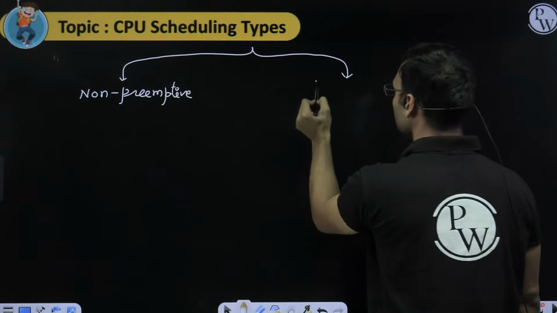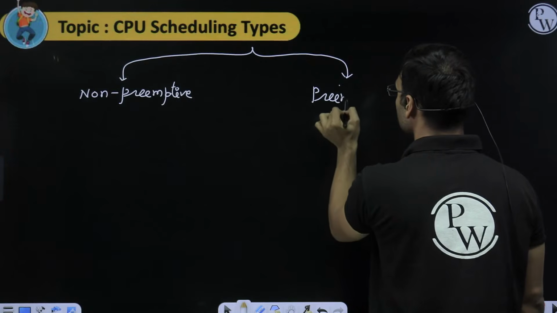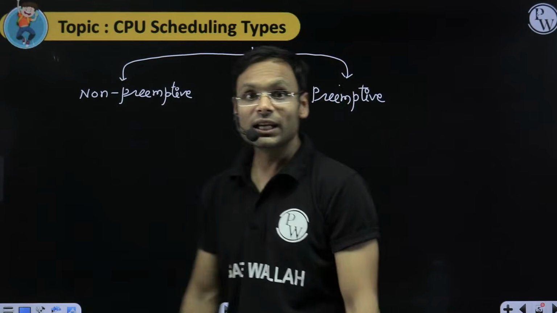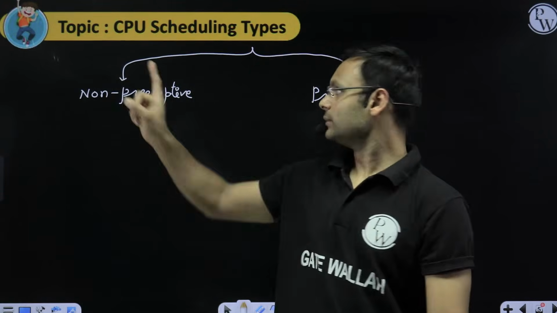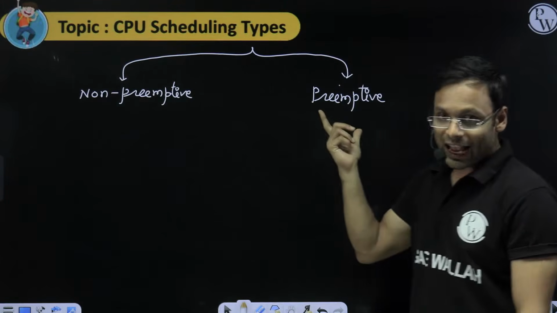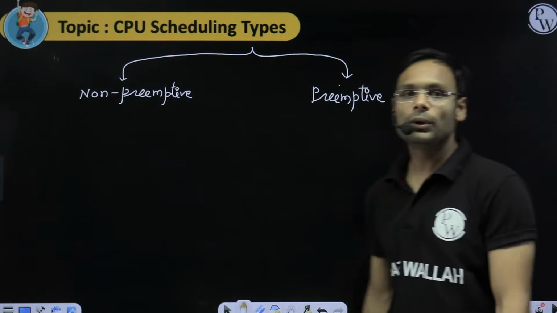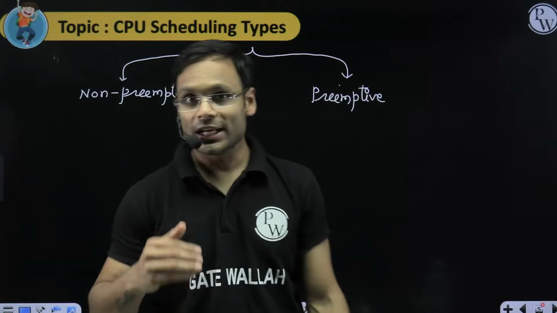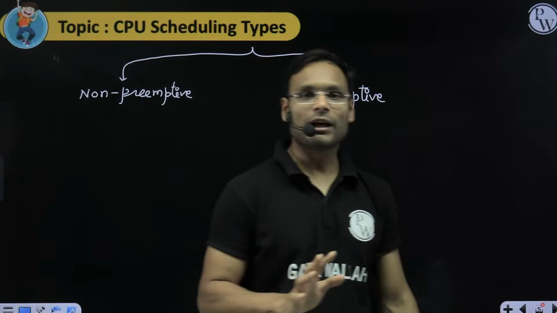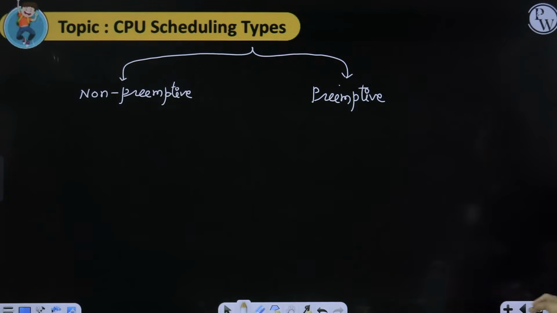Meaning is simple: if a particular process is scheduled to run on the CPU, then that particular process cannot be forcefully taken out of the CPU, that is non-preemptive. If it can be forcefully taken out of the CPU, it is called a preemptive algorithm. Now, which algorithm is preemptive and which one is not, we will discuss one by one, and we will understand why this algorithm is preemptive and why not.